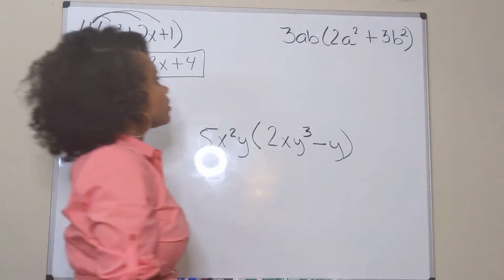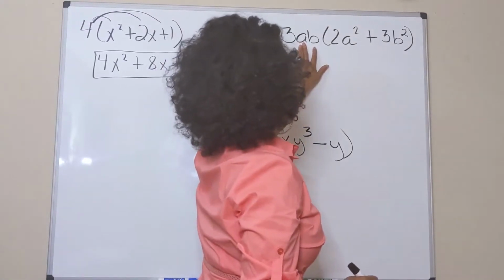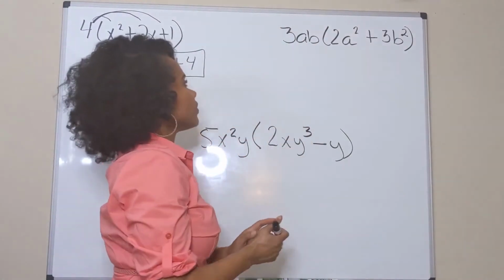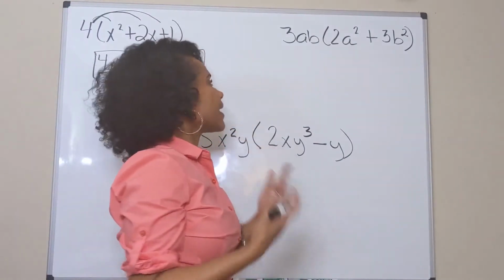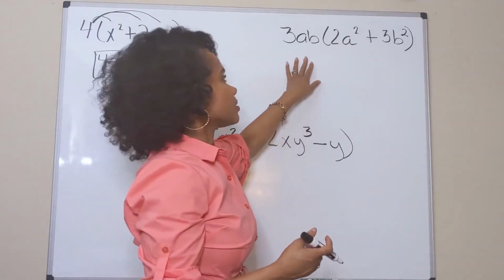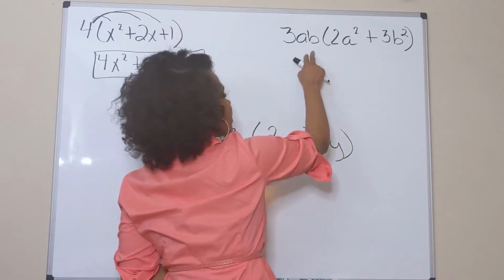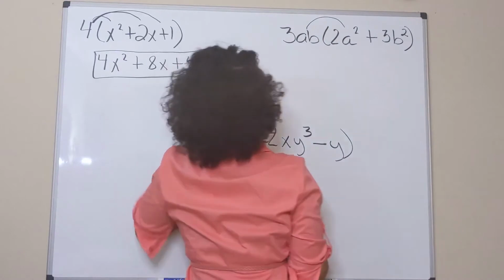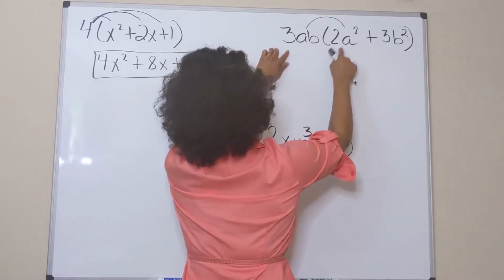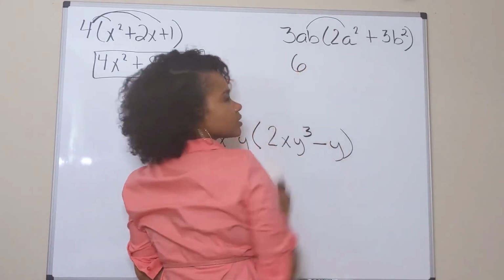Here this is a little different because I have two variables, but I still want to multiply my coefficients, and I want to add my exponents with the same base. So I want to multiply that 3ab times 2a squared. I multiply 3 times 2. That gives me 6.